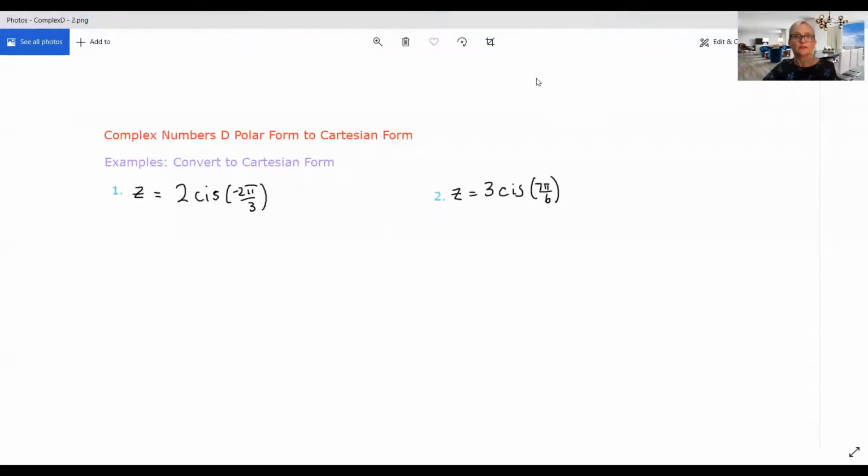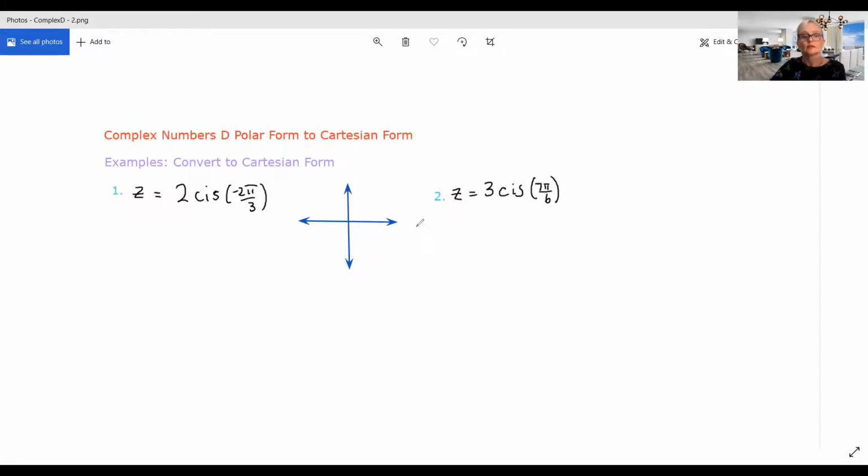Okay, let's have a look at this example. It's a good idea always to have a bit of a diagram happening so that you can see where you are. Remember what I said before about the inverse tan business. We really need to have a clear idea about where we are, so let's just draw a little diagram. It doesn't have to be fancy.